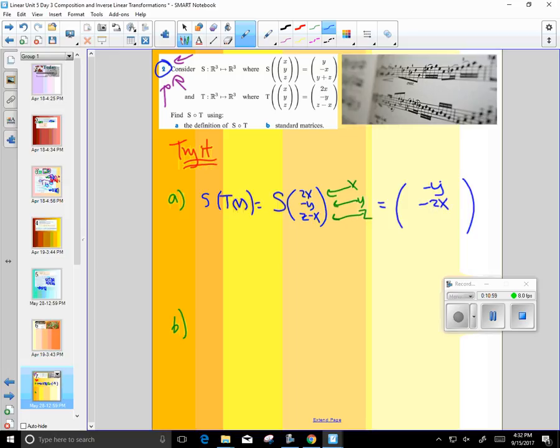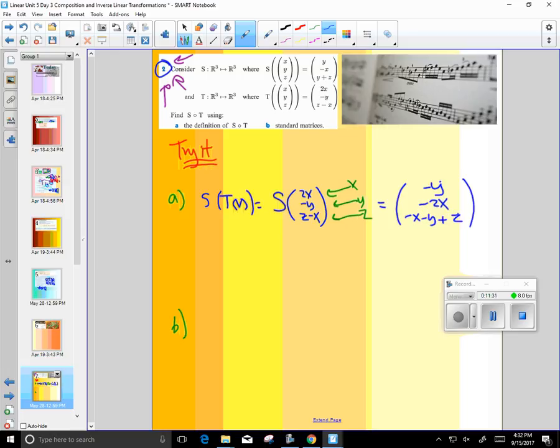The y part says y plus z, so the y part is negative y, and then it's going to be plus z, and z is going to be z minus x. So that's what that whole thing should come out to be. And if I reorder this, I'm going to get negative x minus y plus z.